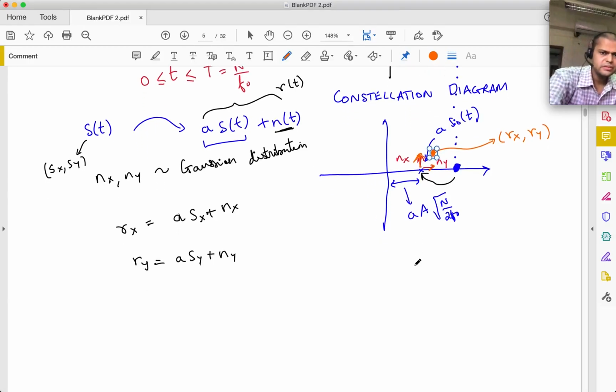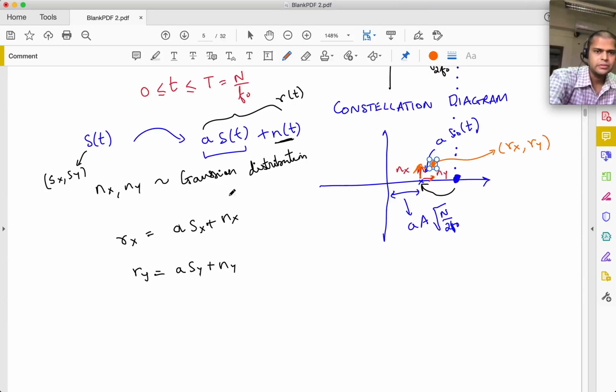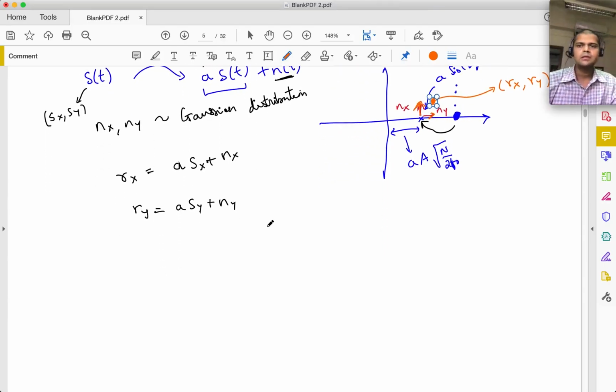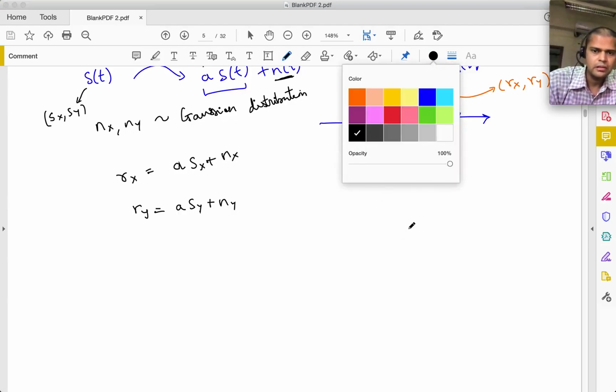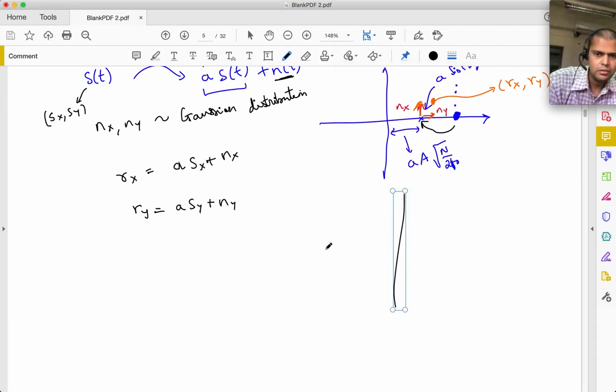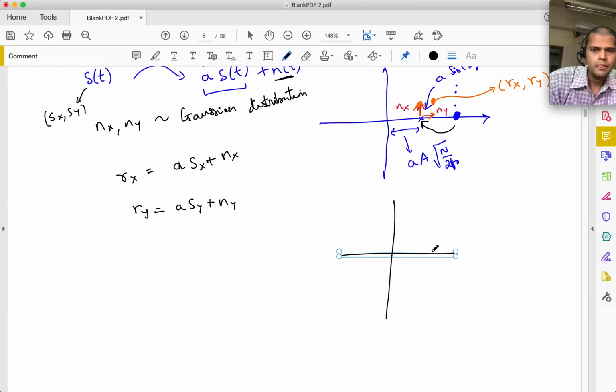Suppose I sent this signal multiple number of times. Suppose I sent bit 0 lots and lots of times, and I wanted to see what it would look like in this vector space. So this corresponds to this point, and this is A times A root n by 2f0.